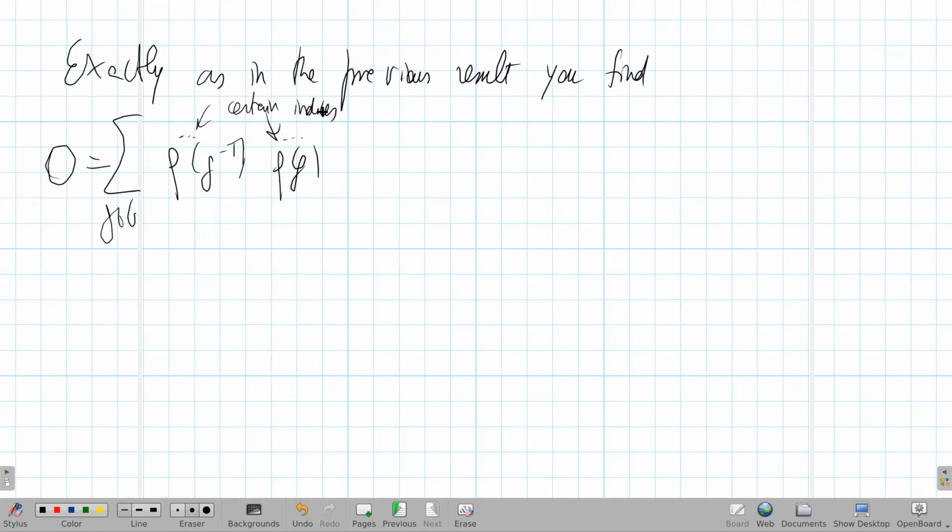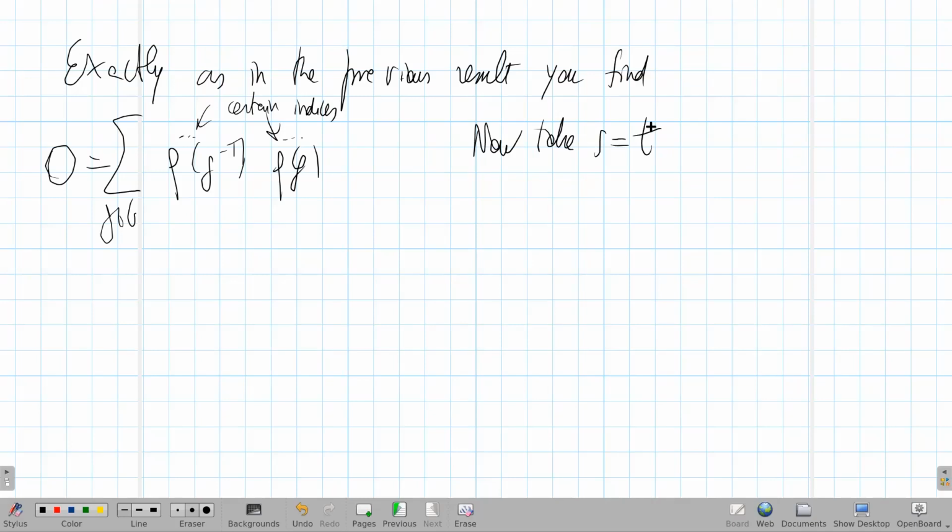But the thing becomes more interesting because in the end we are seeing exactly which pairs of indices here and here give you a non-zero result. So we'll see at the end that all pairs of indices except those of a special kind will give you 0.